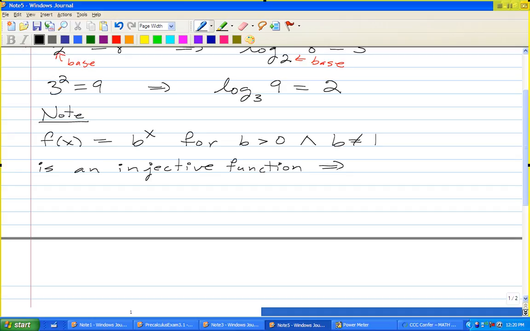And so that means that the exponential function has an inverse function.